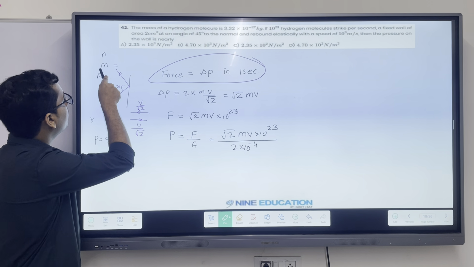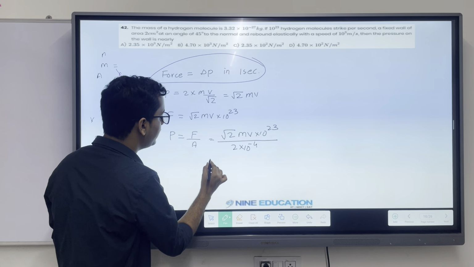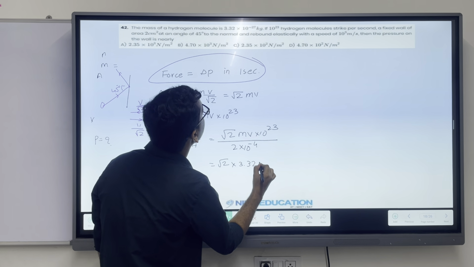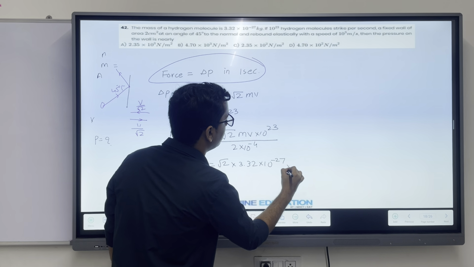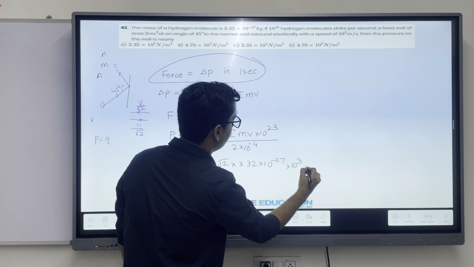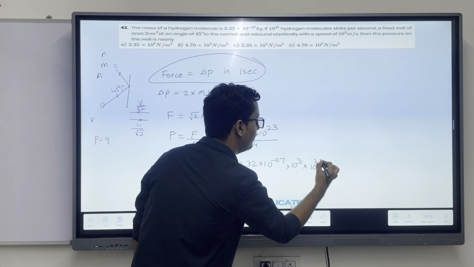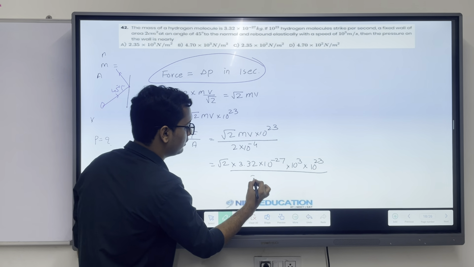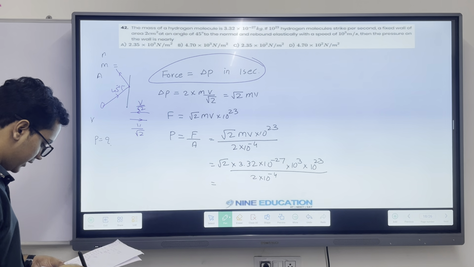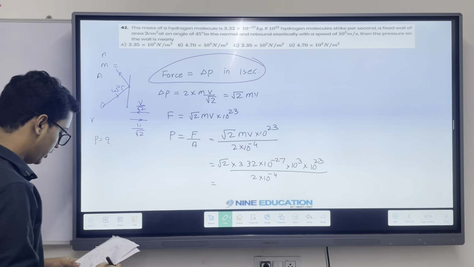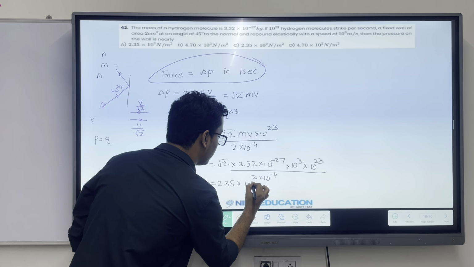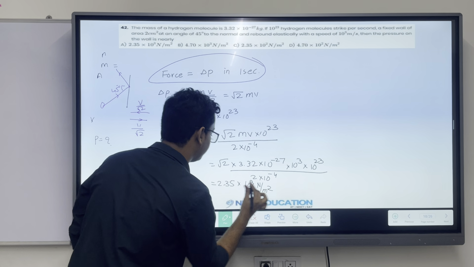You already know the value of mass, 3.32 into 10 power minus 27, and velocity is 10 power 3 meter per second. If you do the calculation, you are going to get 2.35 into 10 power 3 Newton per meter square.